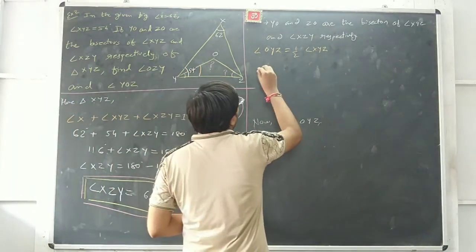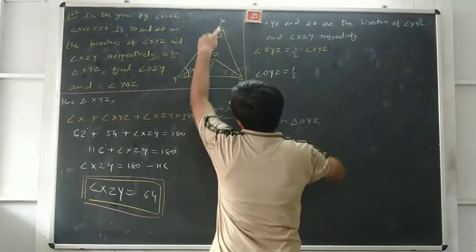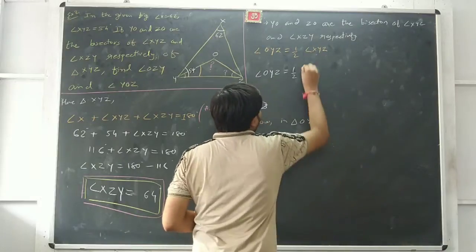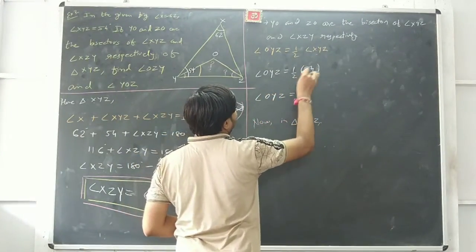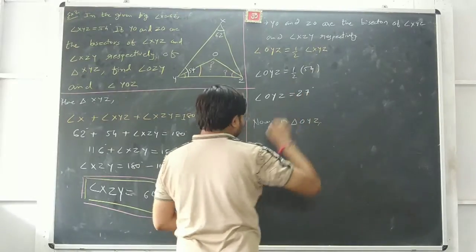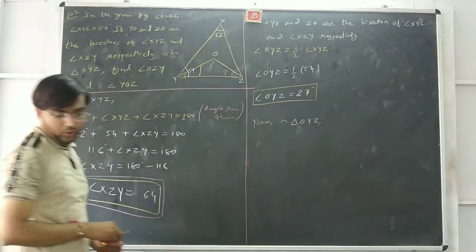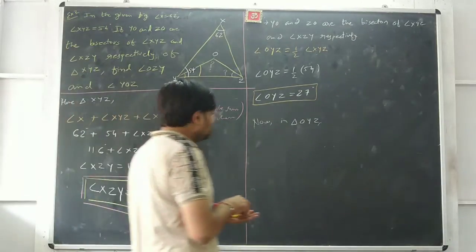So OYZ is equal to 1 by 2 XYZ. What is XYZ? It is 54. So OYZ is equal to 1 by 2 of 54, which is 27. Okay, OYZ is 27.